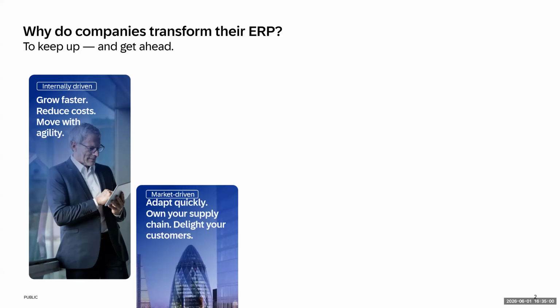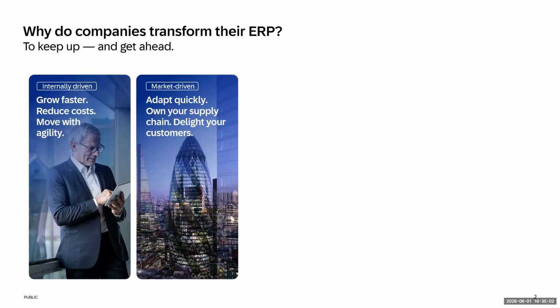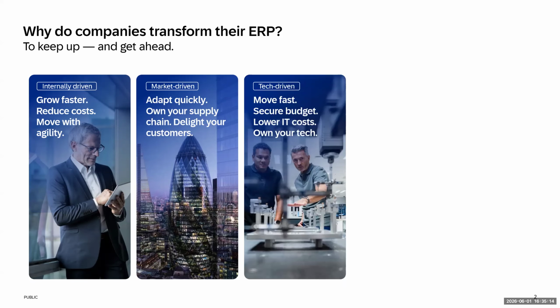Then we have also identified some market-driven requirements in order to adapt quickly to changing market needs, to own the supply chain, and also to delight customers. And as a third topic, IT-driven or tech-driven obstacles or opportunities to move fast, secure budget, lower IT costs, and own the setup and landscapes.